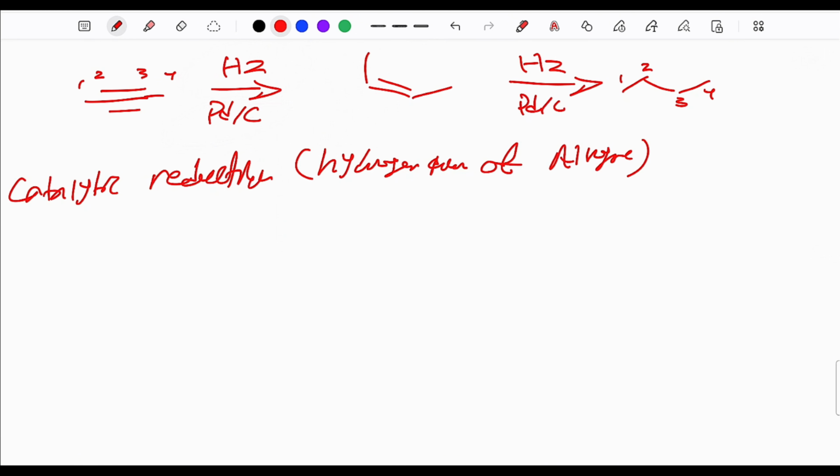And it is impossible to stop at the alkene unless you use what we call a Lindlar reaction. And a Lindlar catalyst, like we said, is essentially a poisoned catalyst that stops and gives us the alkene product. So in this case, a Lindlar is palladium on carbon treated with PbSO4 and quinoline.